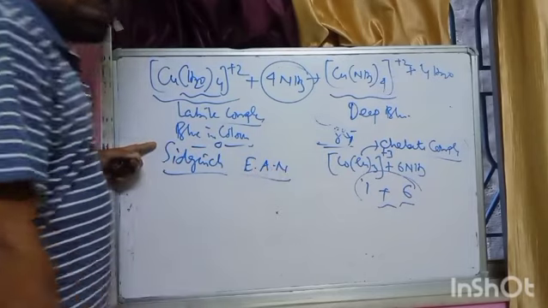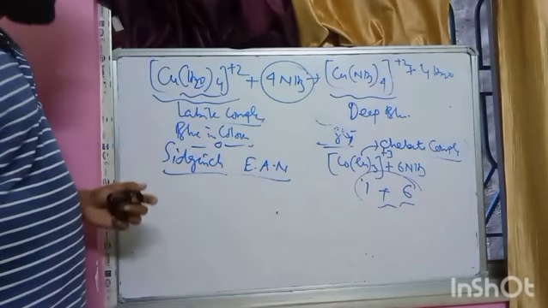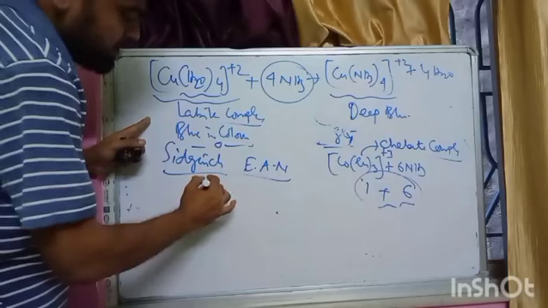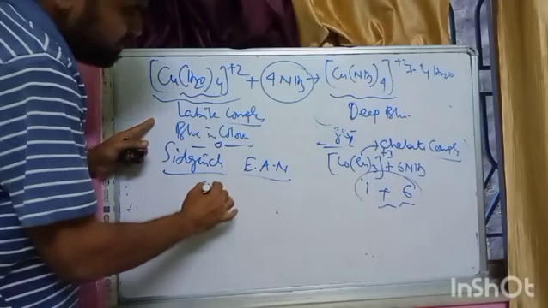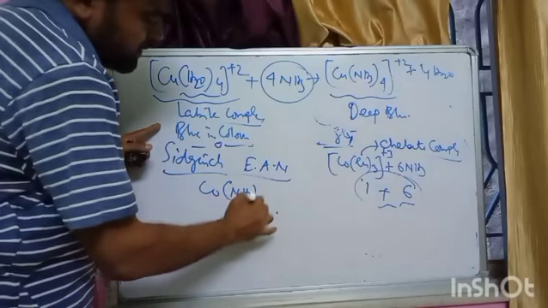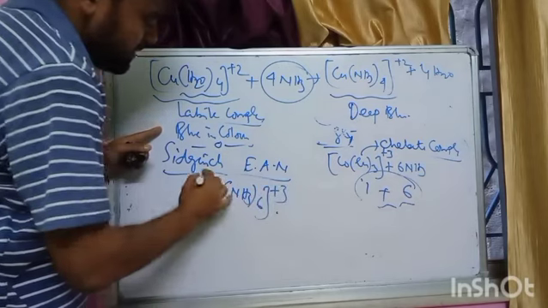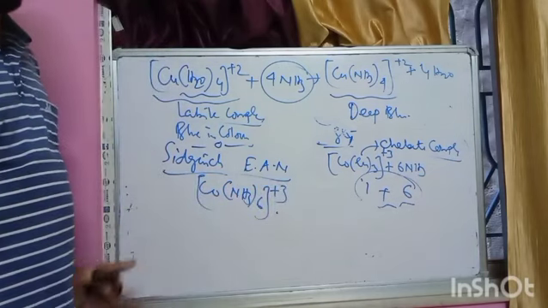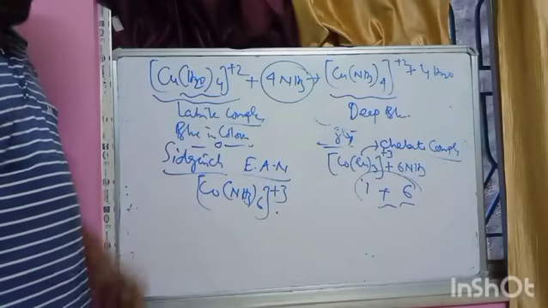Let me give a simple example of calculating the effective atomic number: Co(NH3)6 3 plus. Here we find the effective atomic number of the central metal ion.